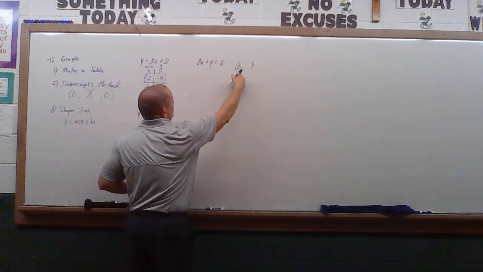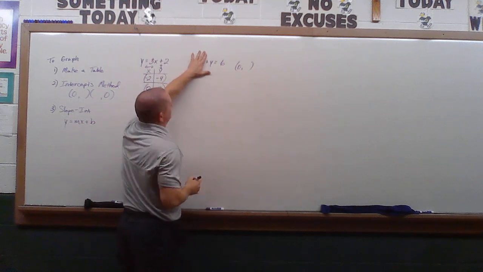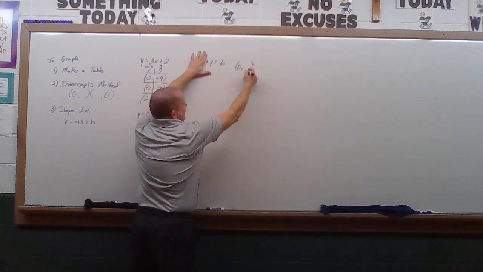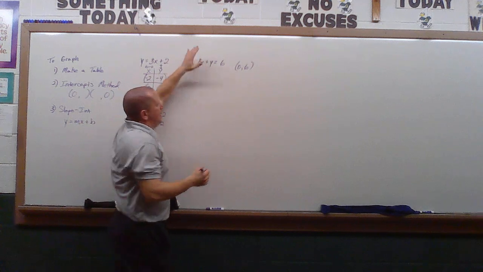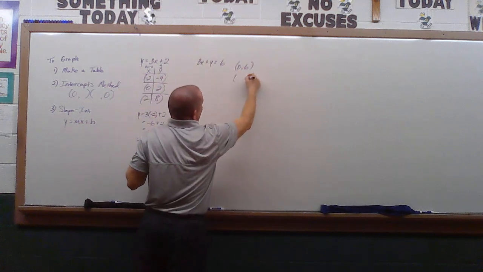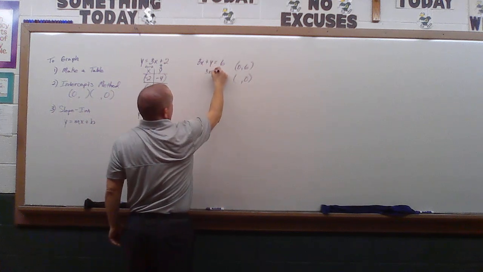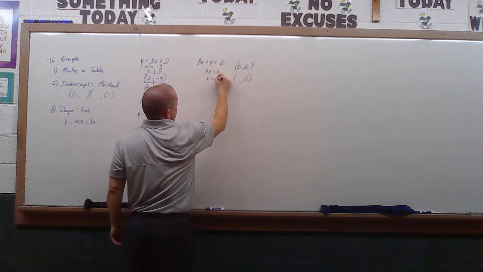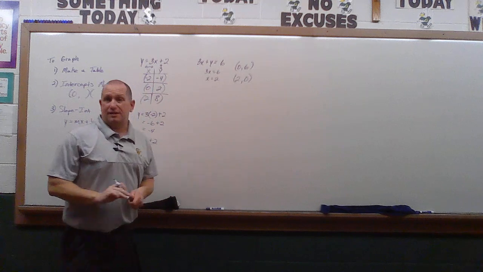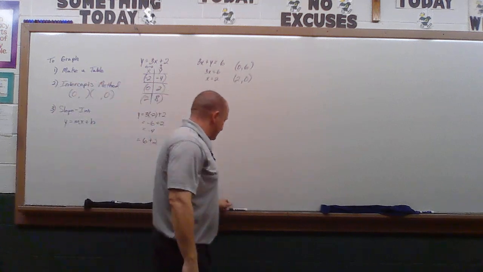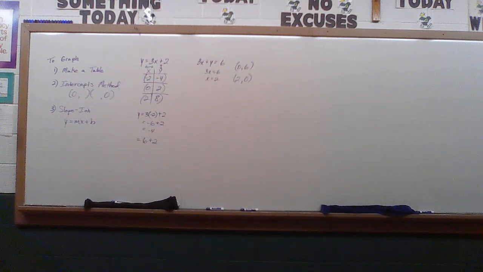So 0 in for x, that cancels out. What's my y? That's why it's nice and easy, right? I put 0 in for y now. So I get 3x is equal to 6, and I solve and I get x equals 2, like you said. So this is why this method is okay sometimes, because it's nice and short. So top point right here, 0, 6, where do I go?